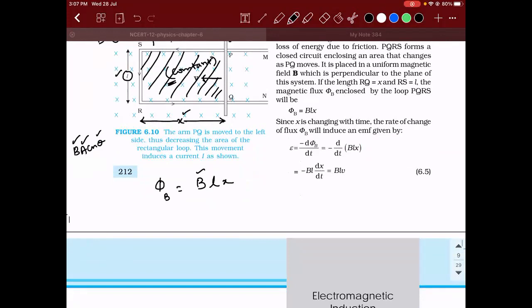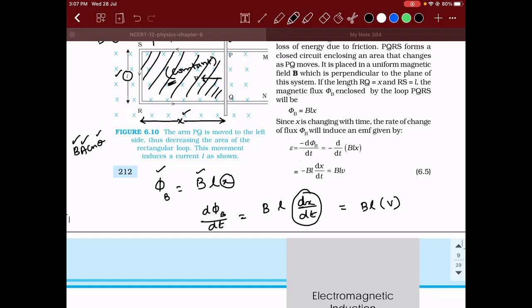If you observe, phi is a function of x. Now if you differentiate on both sides, d phi B by dt will be equal to BL into dx by dt, because B and L are constant: a uniform magnetic field, and the length of the conductor is constant. So BL into dx by dt, which we can write as v.